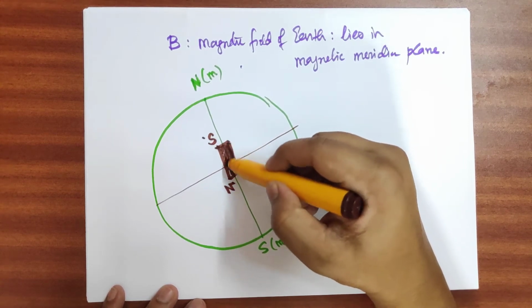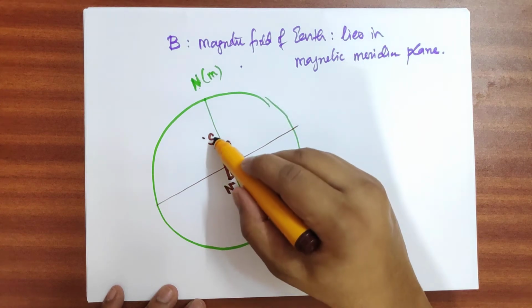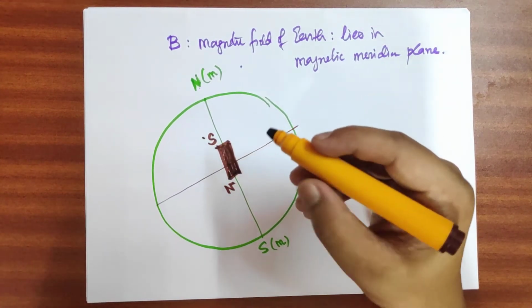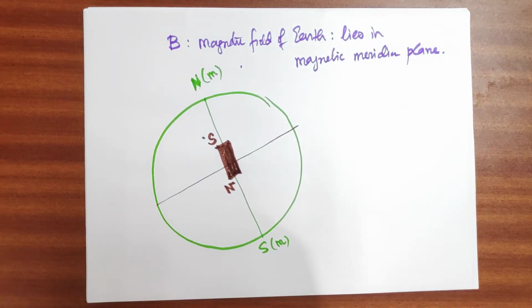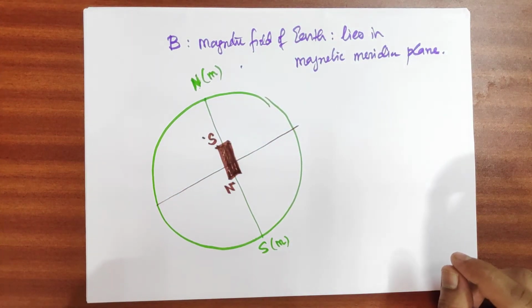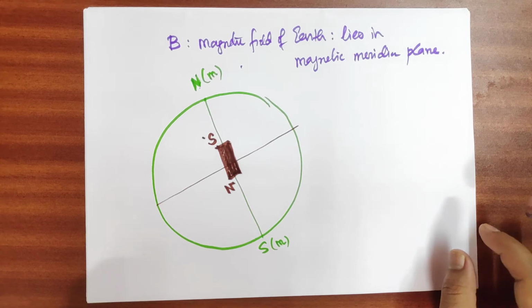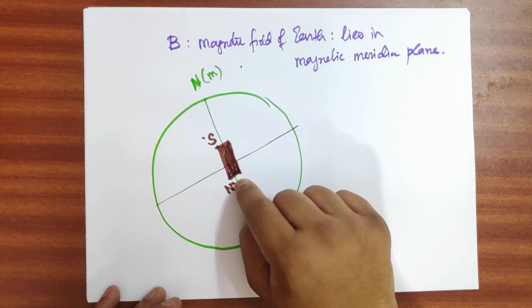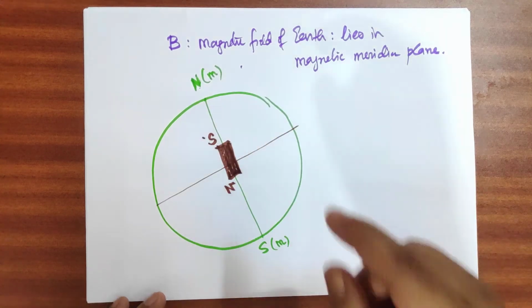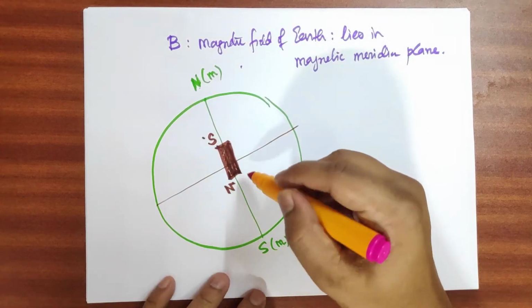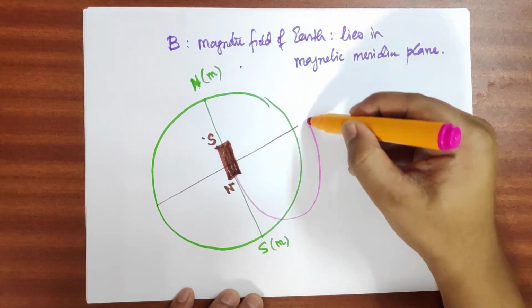Remember, this is the magnetic north pole. This is the south pole of the magnet inside earth. There is no magnet inside earth, but the lines of magnetic force outside the earth are such that if there were a magnet at the center of the earth, the lines would replicate those lines exactly or closely.